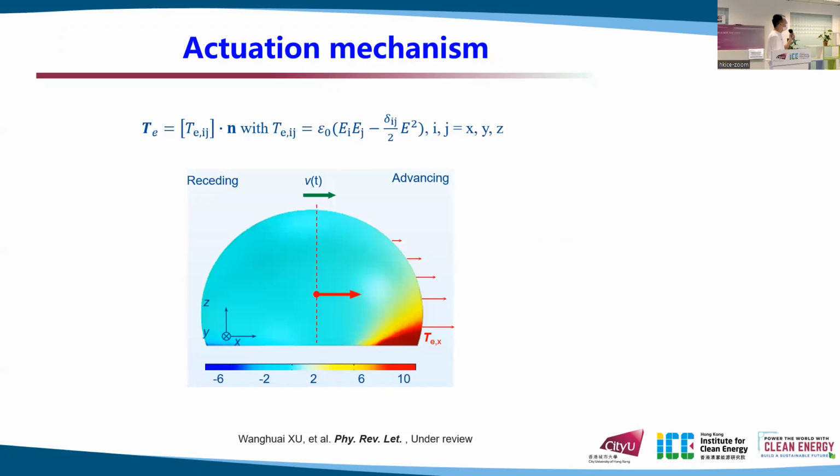This is the surface electrical tension generated by the potential difference. And as we can see in the picture, the surface electrical tension at the advancing edge of the droplet is far larger than at the receding edge, which is consistent with the droplet's motion direction.